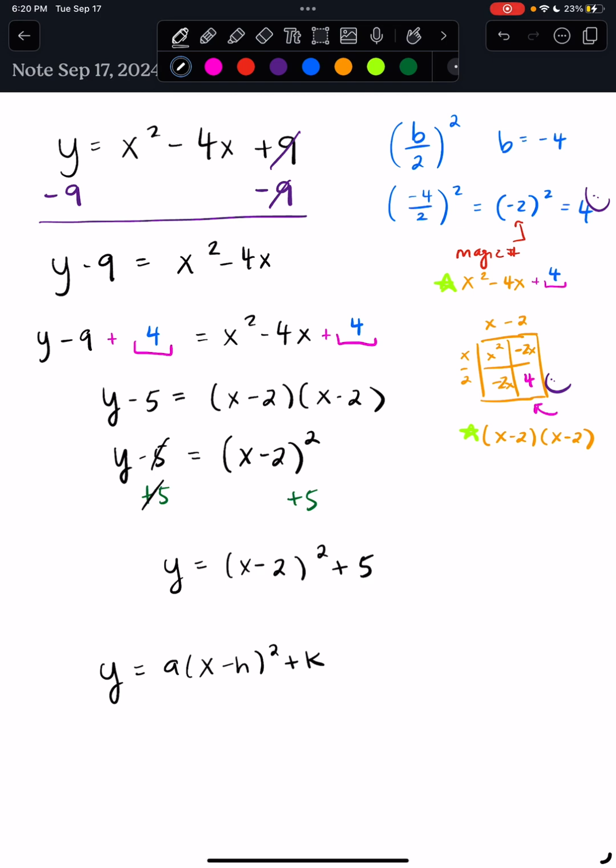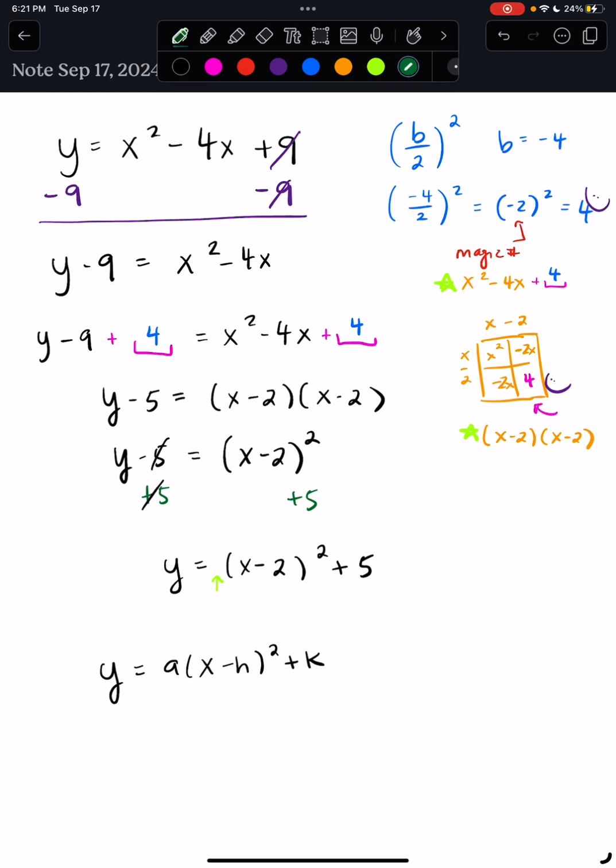And we now are in vertex form. From this equation, I can tell two different things. One, so far, is that my equation is upward because there is an imaginary positive 1 here, and it's not negative. So this means that my parabola is facing upward.